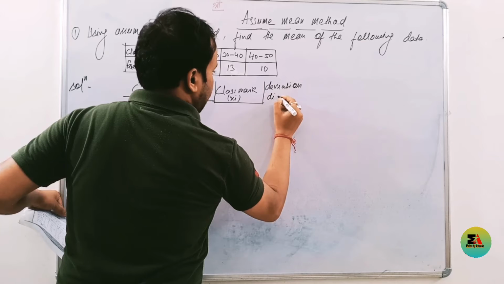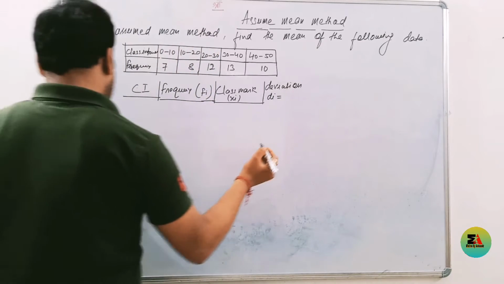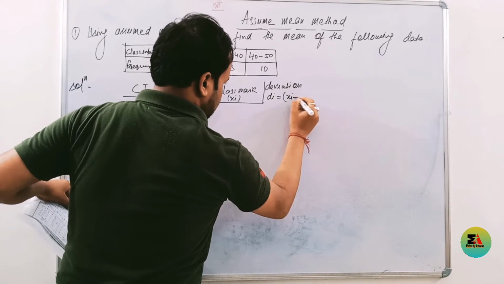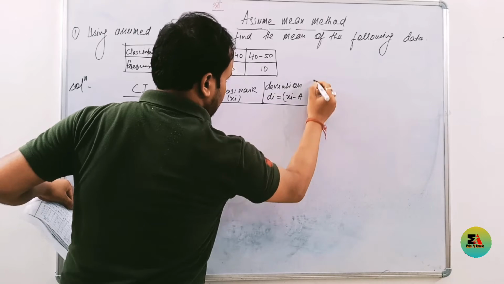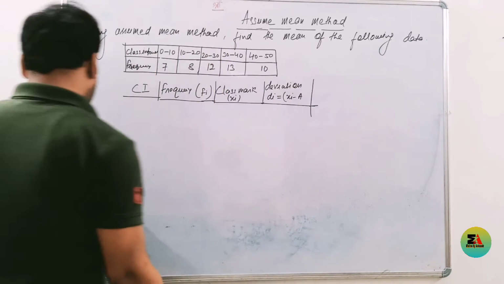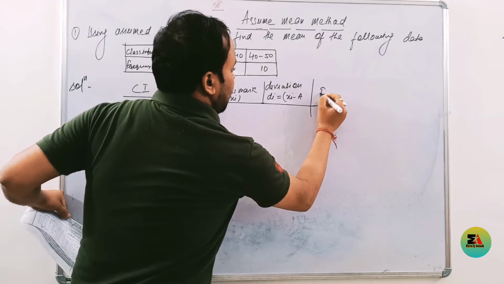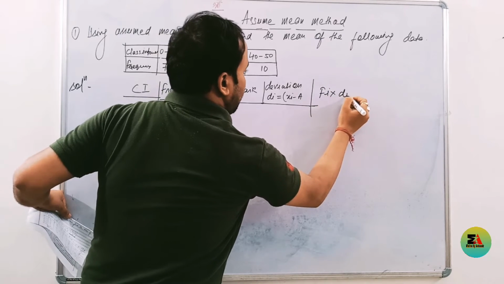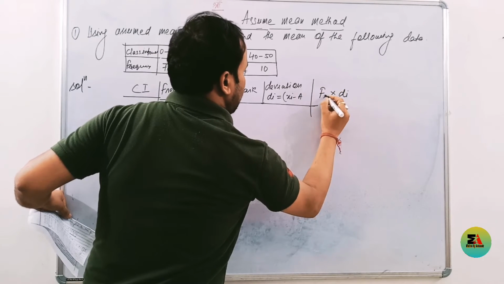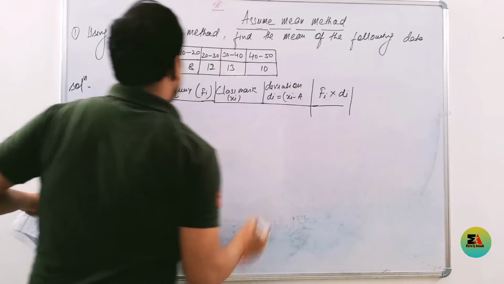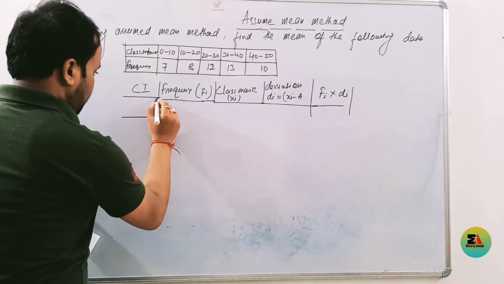Deviation is represented by di, as we know from the steps. di is xi minus A, where A is the assumed value, whatever you assumed. The last column is fi into di. Clear? Now make the columns.